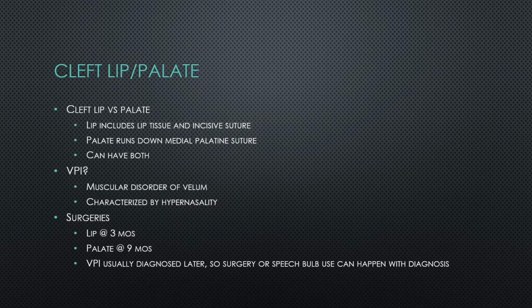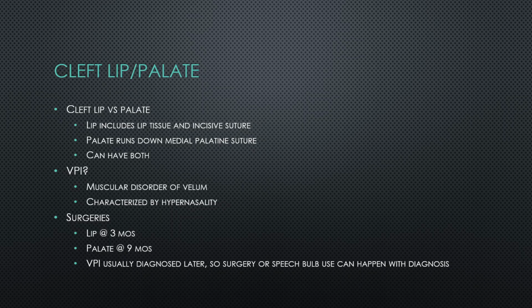There's a hole into the nasal passage. You can have both. You can have cleft lip with palate involvement, and cleft lip and palate is what you would call that. And again, you can have bilateral or unilateral cleft lip, which unilateral means only one side, bilateral means both sides.